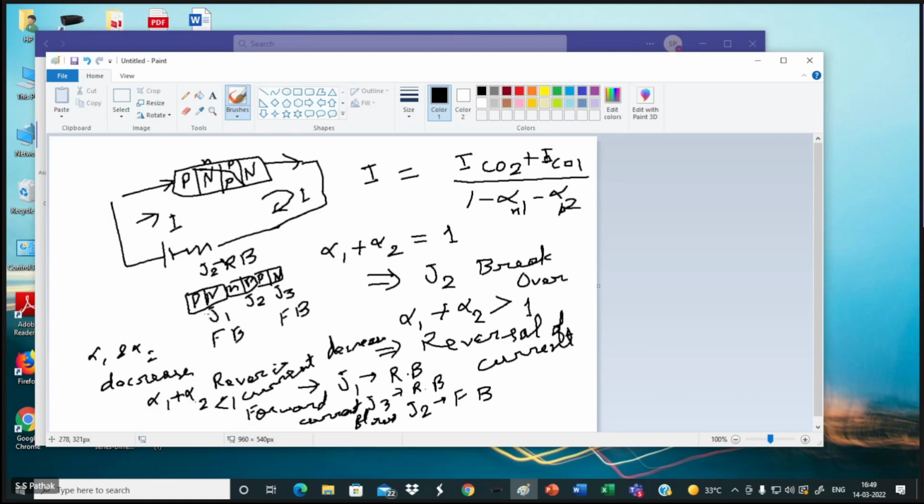Here also, across this junction, the drop is reduced. So the voltage drop across the device decreases, whereas the current increases.